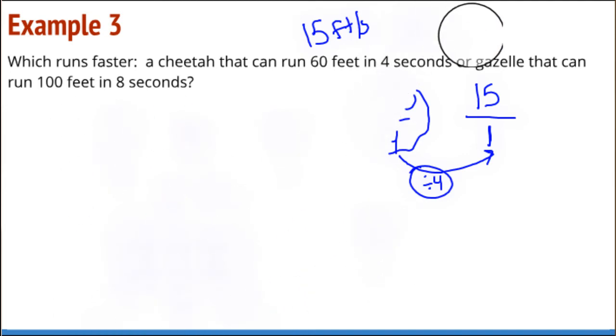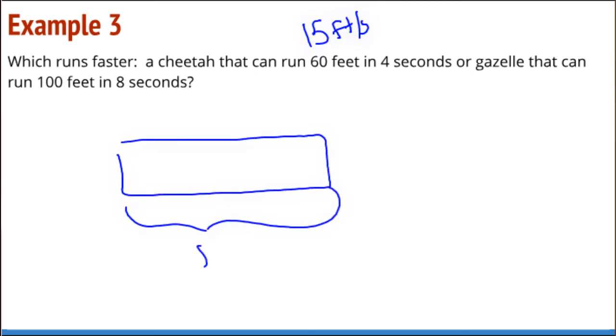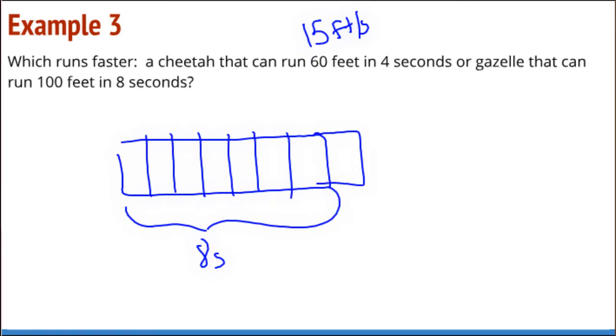And let's take a look at that tape diagram again. And I've got the gazelle running 100 feet in 8 seconds. So I want to take the seconds, the 8 seconds, and I want to get it down to 1 second. And I think I need one more. There we go. One, two, three, four, five, six, seven, 8. Okay.